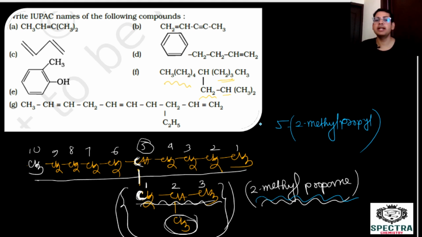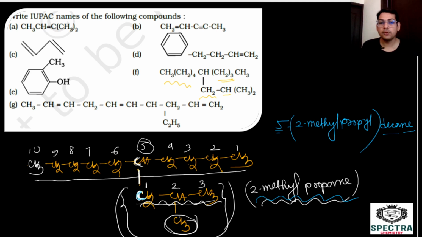and that is bonded at carbon number 5 position. So 5-(2-methyl propyl) decane. Sir, why decane? Because I am having 10 carbon and it is an alkane. So 5-(2-methyl propyl) decane. Again I am telling this: whenever you are having a complicated substituent, you don't need to worry.